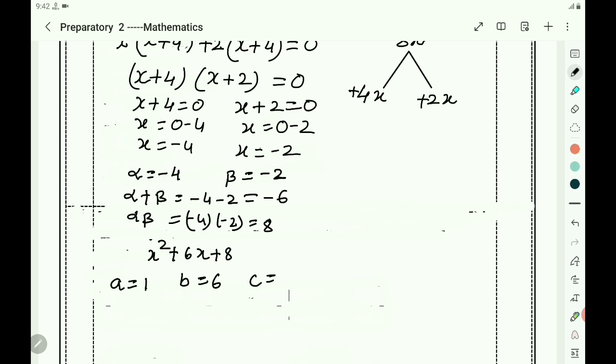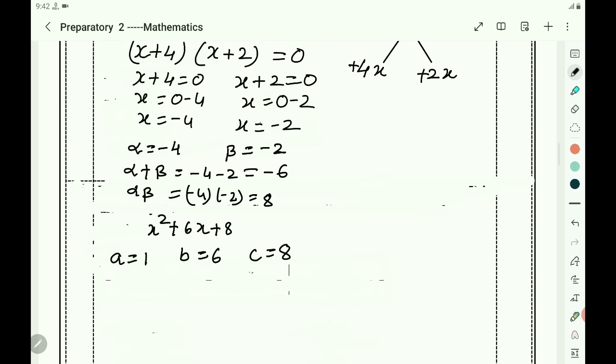C is the constant, that is 8. Then alpha plus beta is equal to minus b by a, equals minus of 6 by 1. A is 1, B is 6. Minus 6 by 1 equals minus 6.